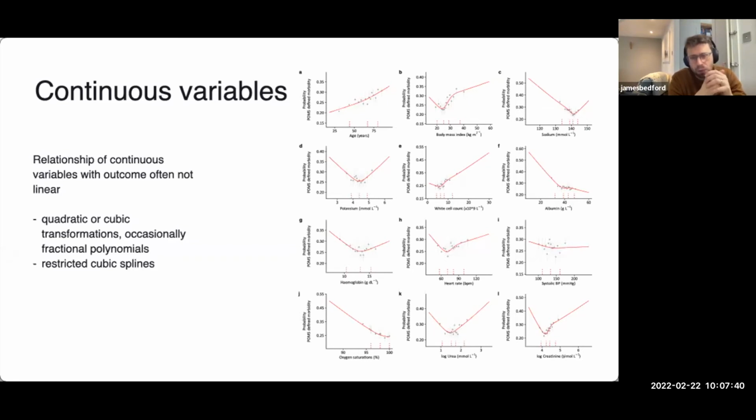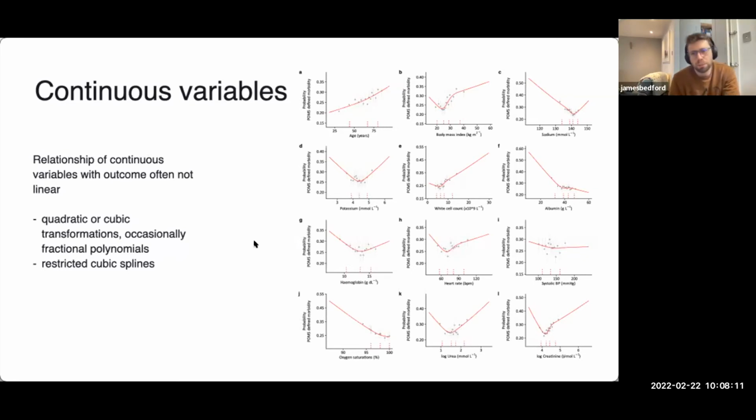So some people, like in the Sort mortality model, will categorize those into groups, but I think you lose quite a bit of information if you do that. So some models like the NELA model will use quadratic or cubic transformations, but I opted to use restricted cubic splines, which are just slightly more complex from a mathematical point of view, but actually in R and other software packages are relatively straightforward to implement.